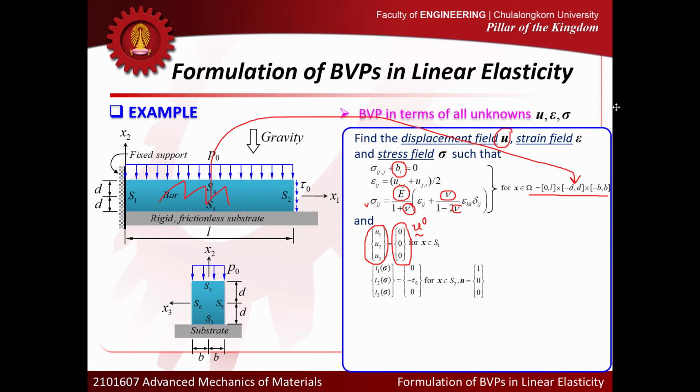How to verify that condition, because T here is not the key unknown. But we know that T and sigma are related somehow, right? If you remember, we know that traction is simply stress multiplied by N. So this is the connection that I talk about, okay?